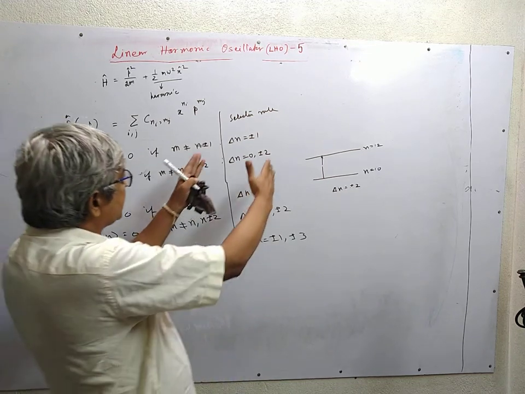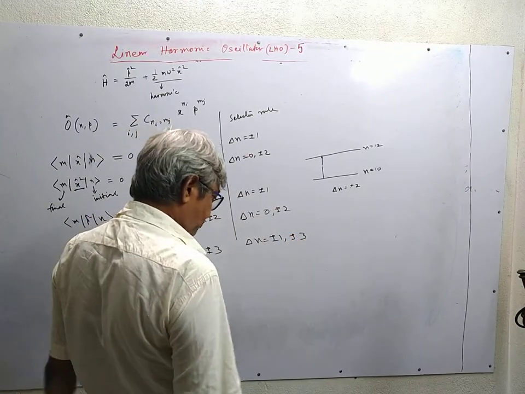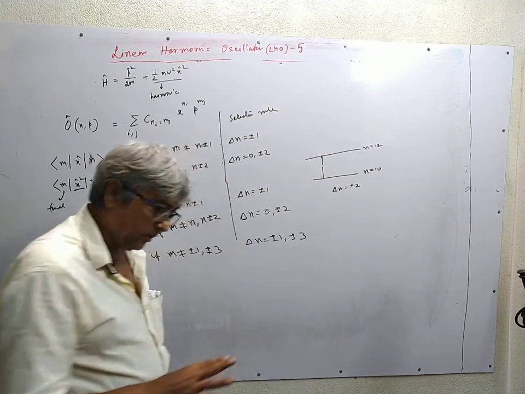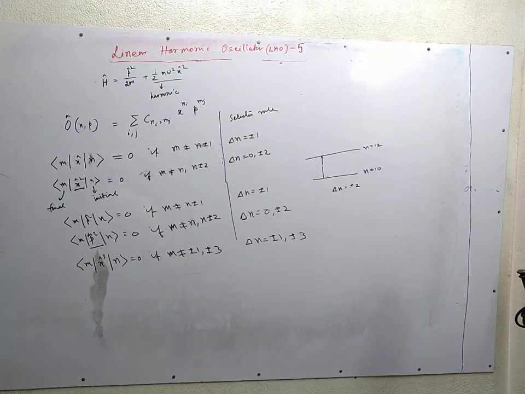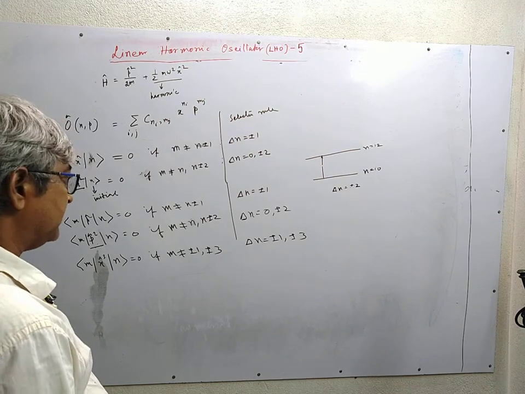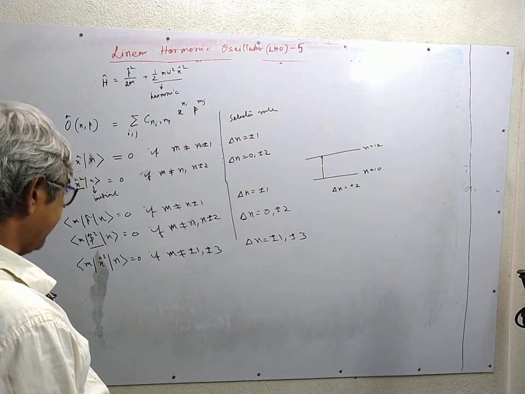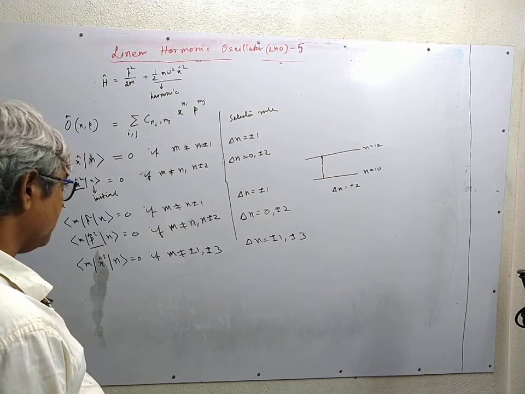Here, these selection rules are applicable for the harmonic oscillator, and will also be applicable for systems which can be converted into equivalent harmonic oscillator problems, such as the vibrational spectra of the atomic molecule and many other things. This is the importance of the selection rule, which will be prominent when we study spectroscopy.